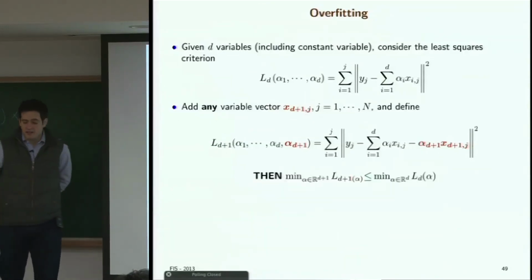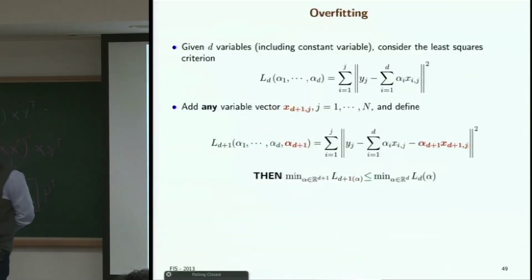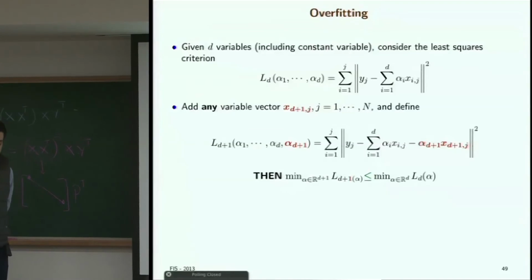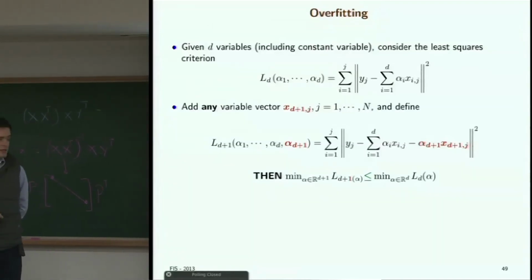So here's an interesting phenomenon. Well, you could have predicted it easily, but you have to notice it. The minimum, when you take alpha in R^(d+1), that is, when you consider d plus 1 variables, this minimum will always be smaller than this minimum, the one where you just consider d variables.